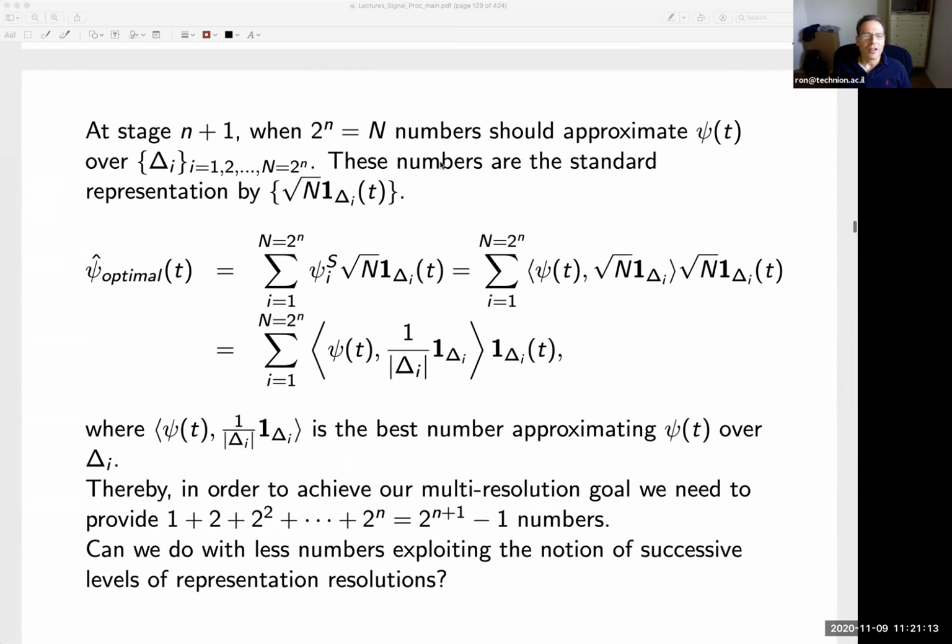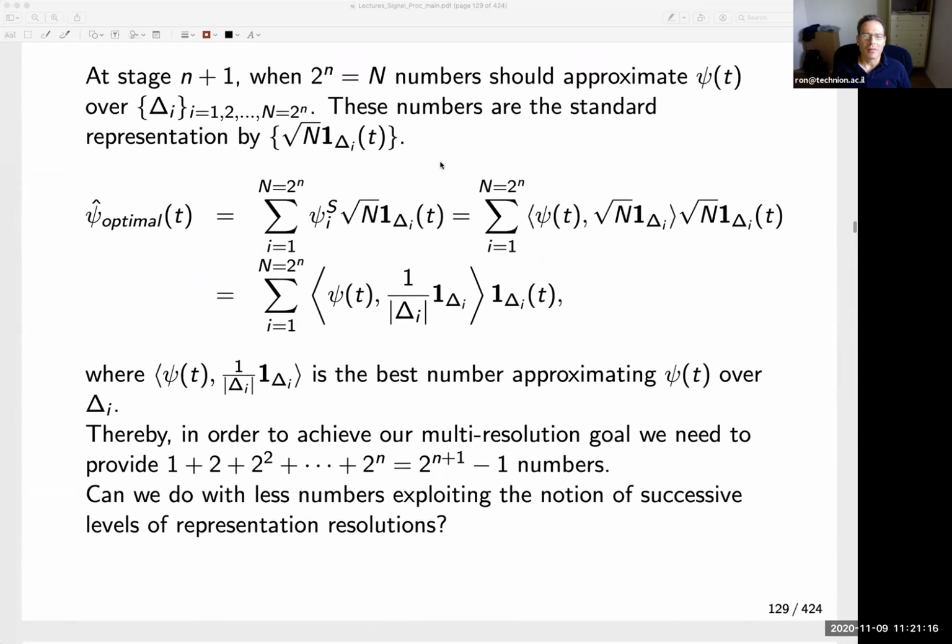How do we take this obvious observation and construct a set of functions from my standard function? Assume that the only events that may happen is that in these intervals I may have my bases. I can allow my bases to change. And the question is, what should I do then? The answer is that at stage n plus 1, where capital N is a power of 2, 2 to the power of n, I have N numbers that should approximate psi of t.